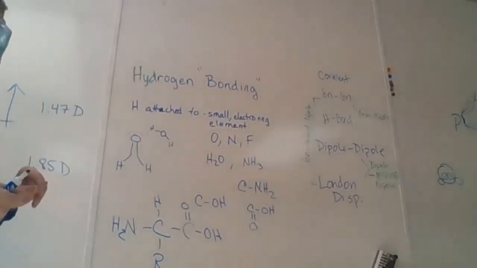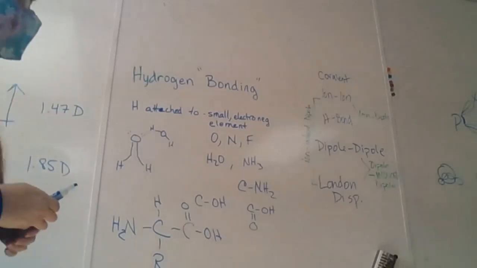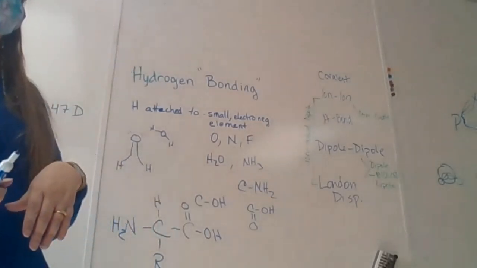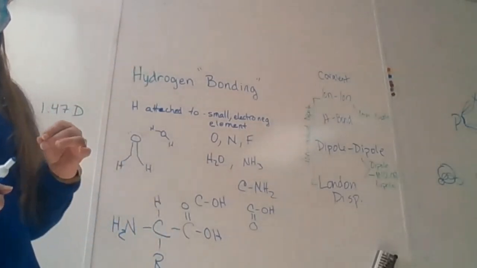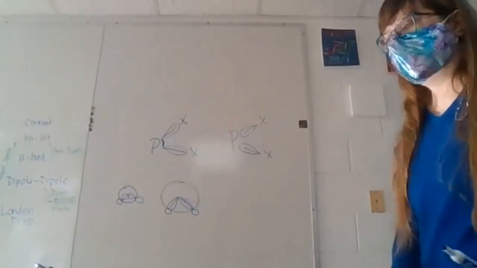It's stronger than a dipole-dipole. It makes a difference in things like melting point and boiling point. So the way that we study intermolecular forces as freshmen or in general chemistry, we pair that with some of those properties that show up again and again.